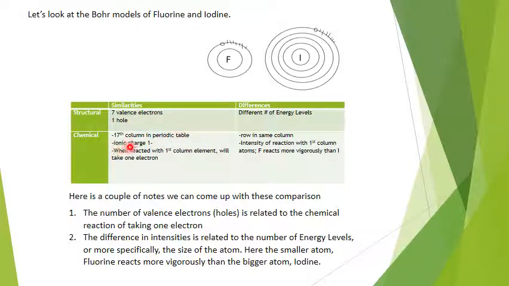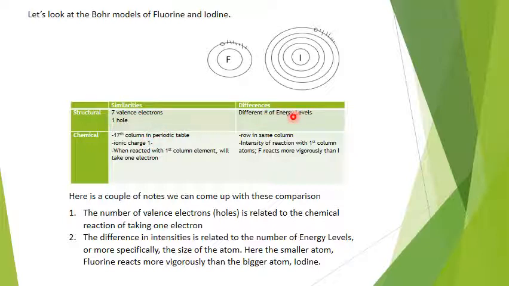They usually have an ion charge of -1, 1 minus, and they react with the first column elements, and they can take 1 electron from the elements in the first column. Actually, what we can do is relate these structures to the chemistry.